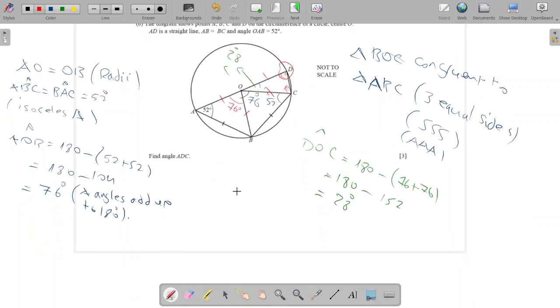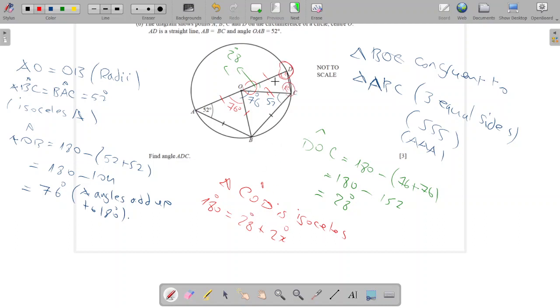You will say that the triangle COD is isosceles, so the total of the angles, 180 degrees, is going to be equal to 28, this angle that you see here, plus 2x, where x represents each one of these angles.